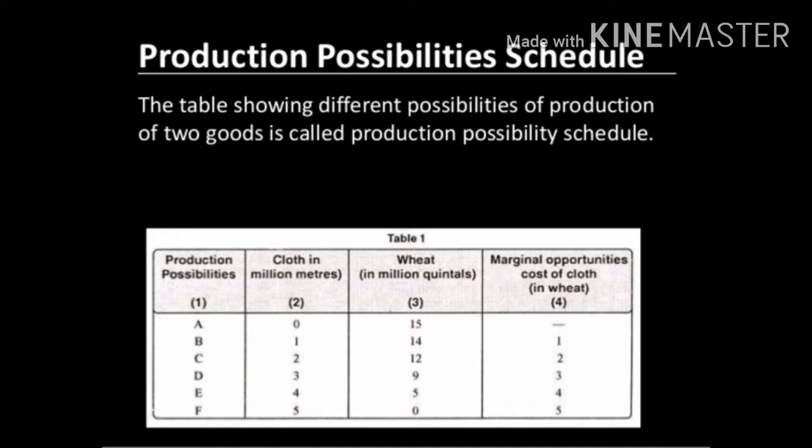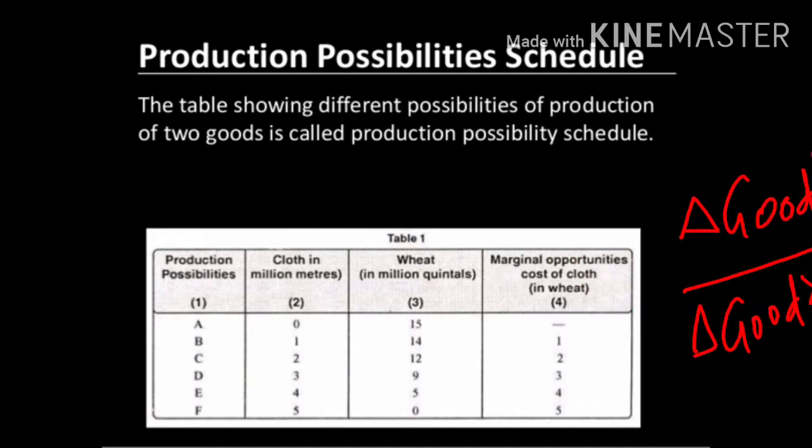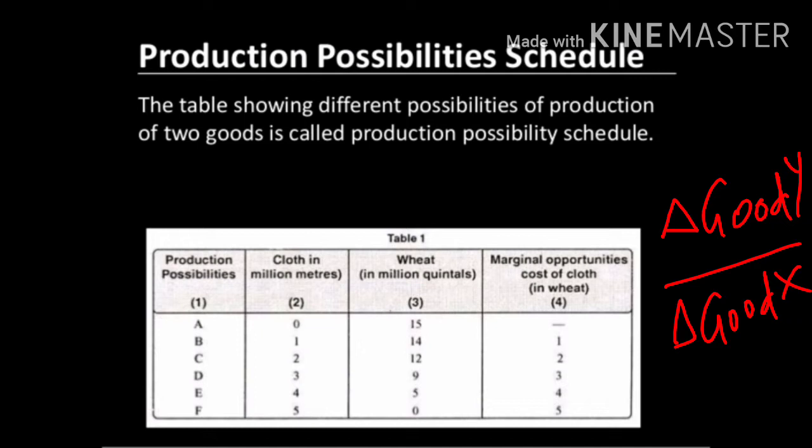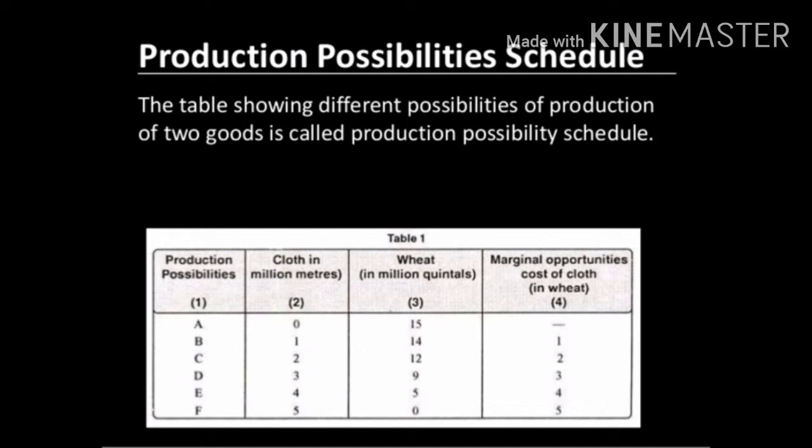Wheat has to be sacrificed. So how to calculate MOC using formula, I will teach you. First, let's see the formula to calculate MOC, that is marginal opportunity cost. The formula to calculate MOC is change in good Y by change in good X. Here, good Y is wheat and good X is cloth.